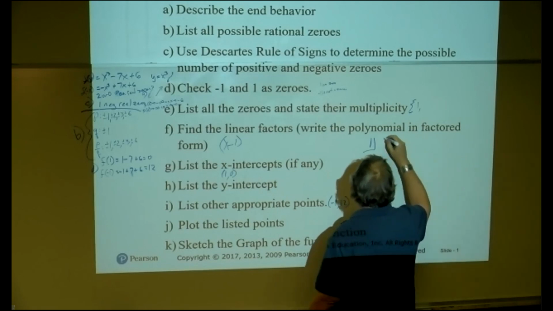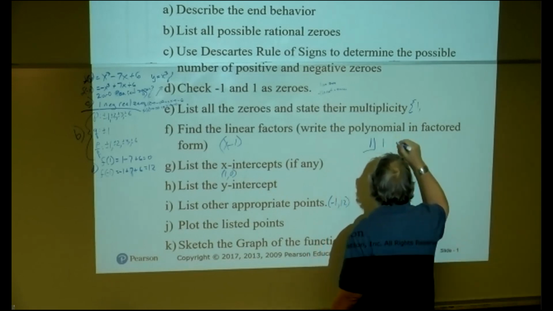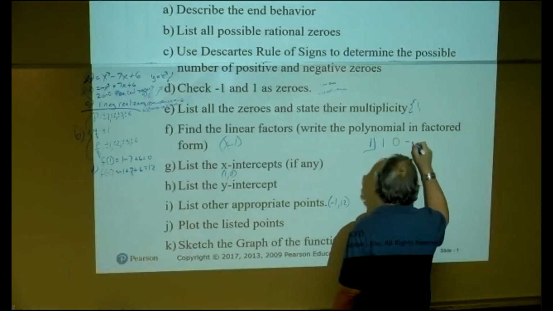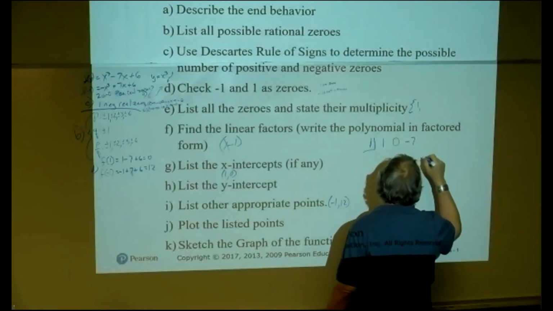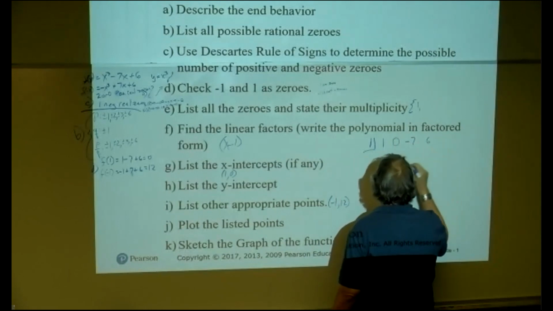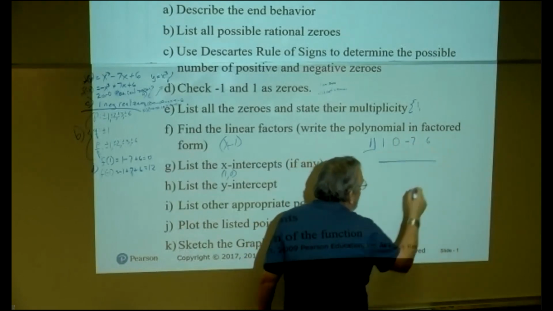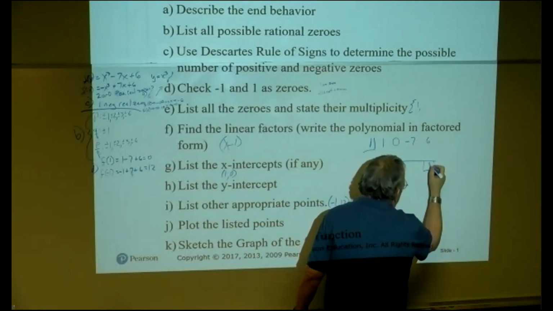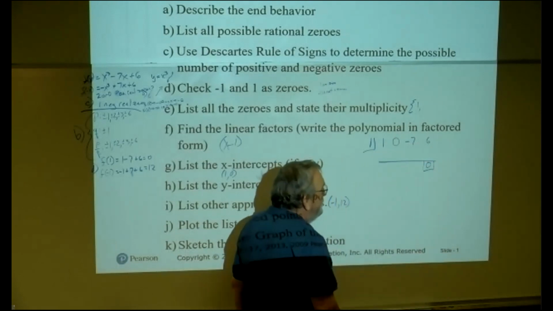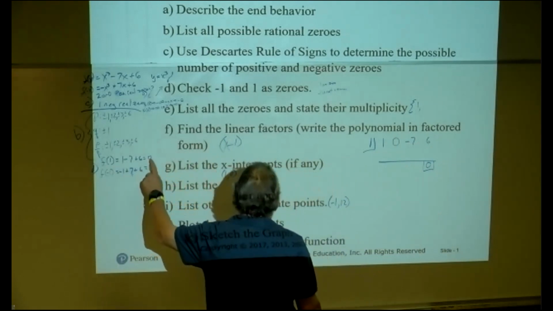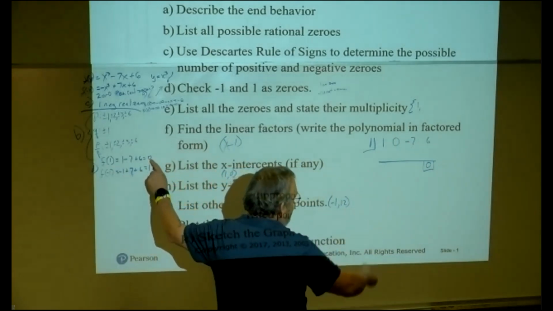So x cubed has coefficient 1, x squared has 0, x has negative 7, and the constant is 6. And I better get a 0 over here, because 1 is a zero, so the remainder will be 0.